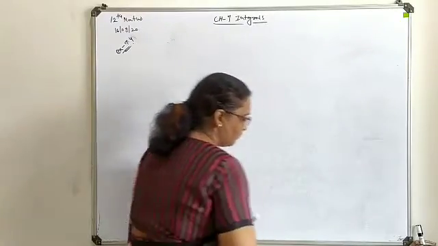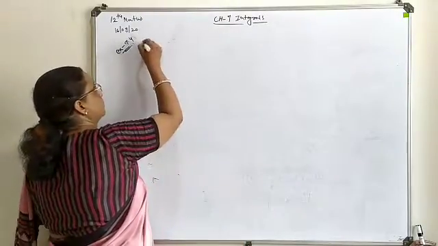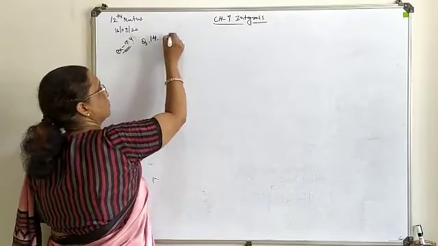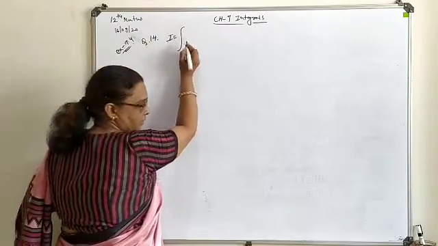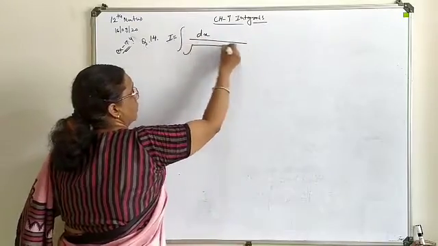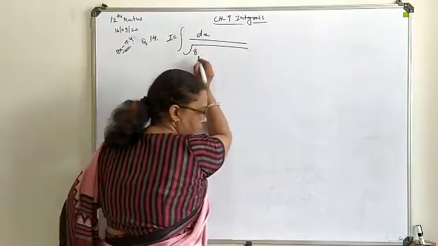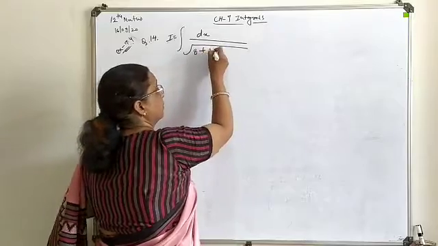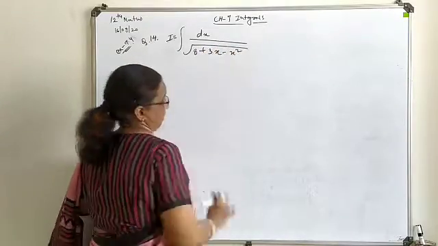Now, in the 14th one, your question is given as dx upon under root 8 plus 3x minus x square.